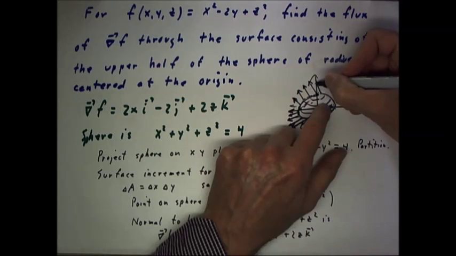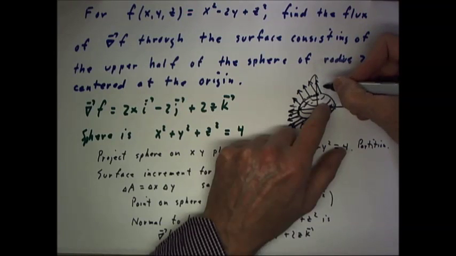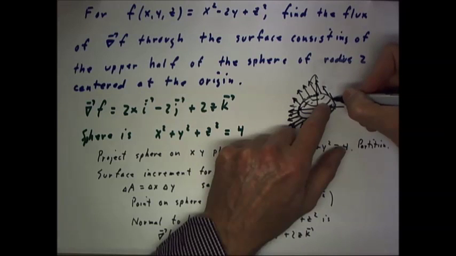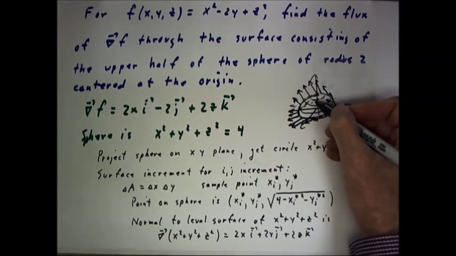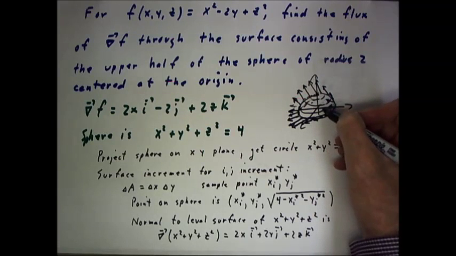In any case, the vectors will look sort of like this, always with the y component of negative 2, eventually going inward a bit.